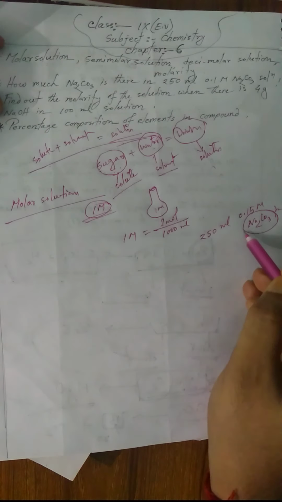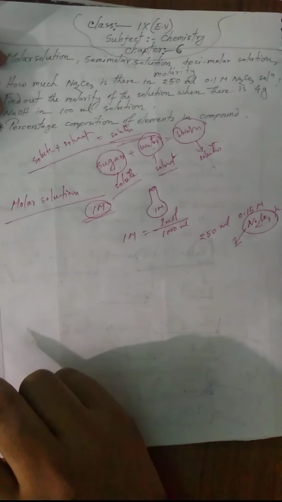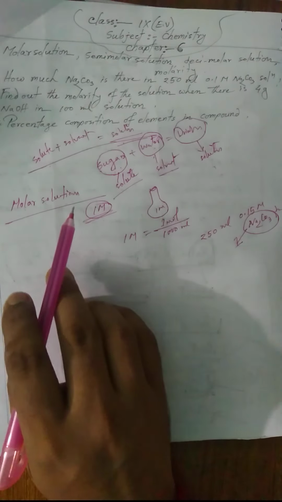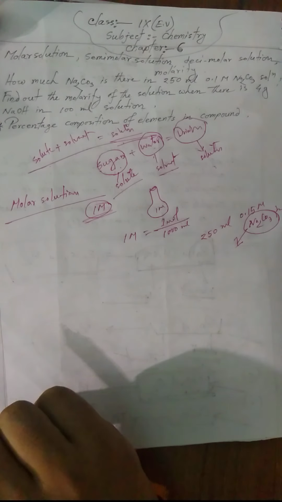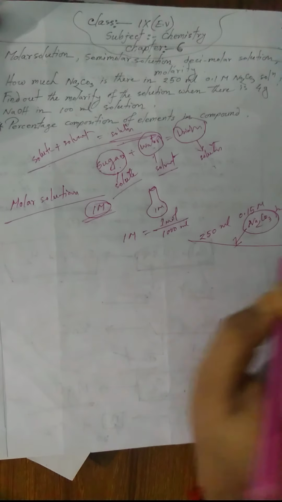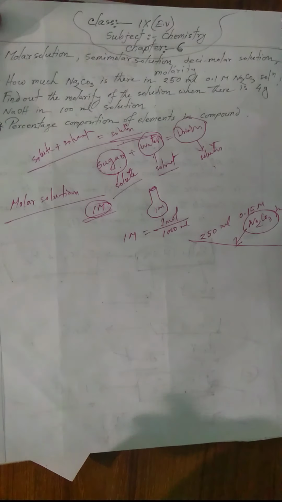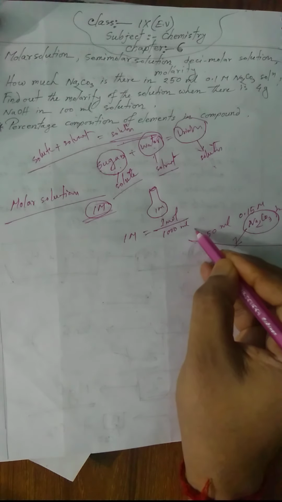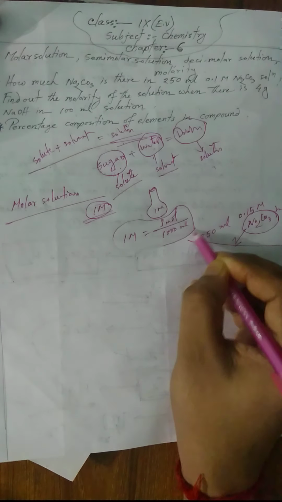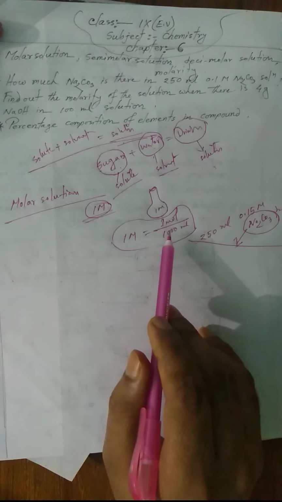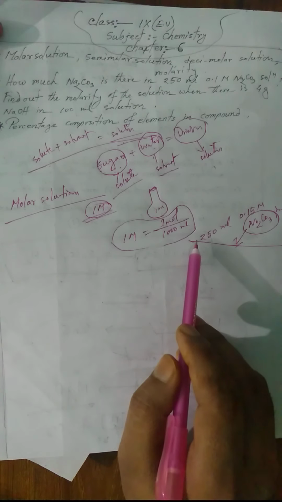So you have to calculate first the amount of solute. We can solve these problems mathematically and using equation. So already we have got 1 molar is equal to 1 mole per 1000 ml solution.